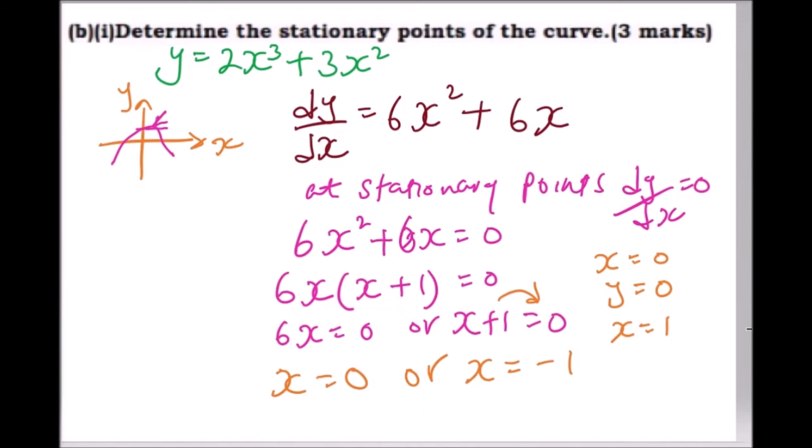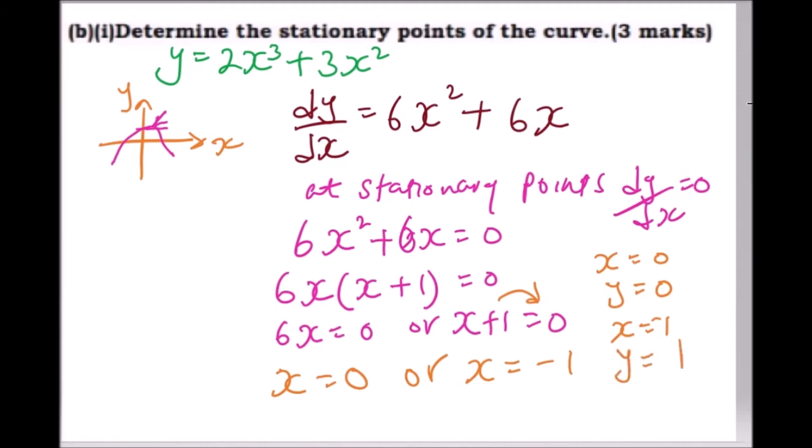No, here we substitute minus 1, not 1. So minus 1 cubed is minus 1, times 2 is minus 2. Here x squared is 1 times 3, so that will give us 3. So minus 2 plus 3 is equal to 1. So y is equal to 1.